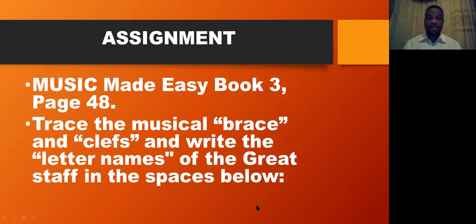And when you look at the number of spaces, the treble staff and bass staff have 4 spaces each. Then 2 additional spaces will be created by the ledger line between the two staves. So 4 and 4 make 8. Then the extra 2 spaces created by the ledger line make 10. You have 10 spaces and 11 lines on the grand staff.